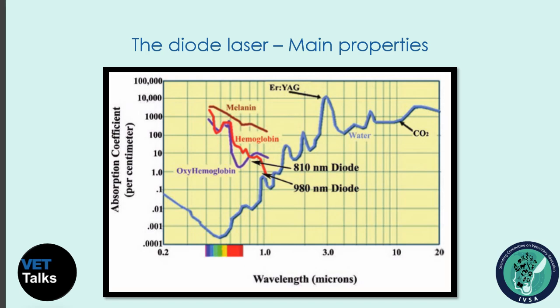For example, if we have a diode laser and we want to produce vaporization in the target tissue, the best wavelength to choose is 980 nanometers, because this is the best one to absorb water. On the other hand, if we want to produce hemostasis, the best wavelength is 810 nanometers, because it is better absorbed by oxyhemoglobin, hemoglobin, and melanin.